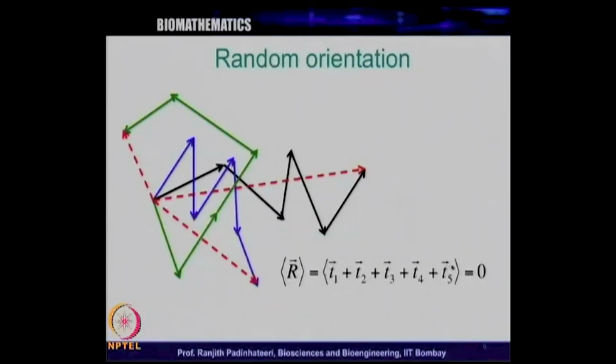It means that you do many experiments. In each experiment you measure the end to end distance of a protein and you average over these experiments, and you get 0.